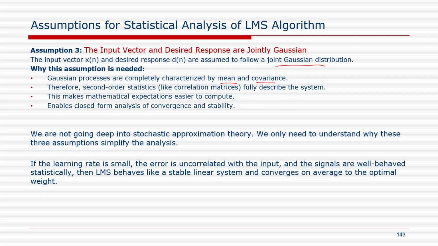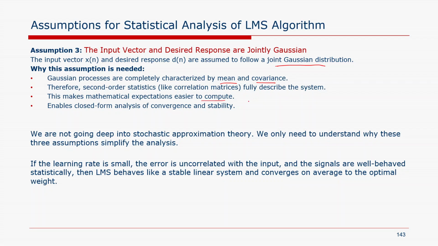If I take a Gaussian distribution, it can be characterized by the mean and the covariance. So some pattern is there for the input and the response. Therefore, second order statistics like correlation matrices fully describe the system. This makes the mathematical expectation easier to compute.